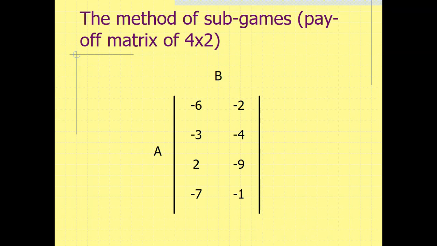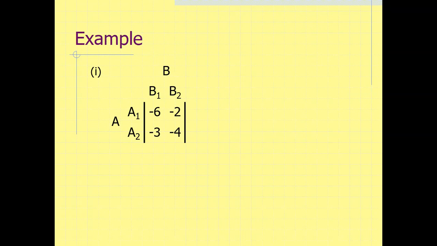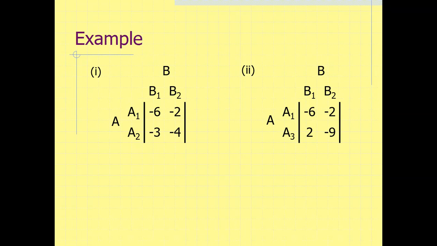Let us consider a game of order 4 by 2 with the following payoff matrix concerning two persons. There is no saddle point in the game. Moreover, since player B has only two alternatives to play, player A will also use two strategies. Accordingly, player A can think of this 4 by 2 game as 6 subgames, each of size 2 by 2.